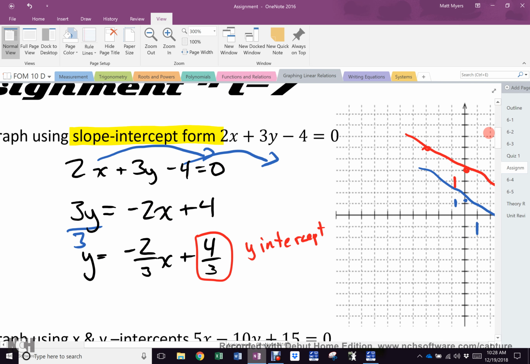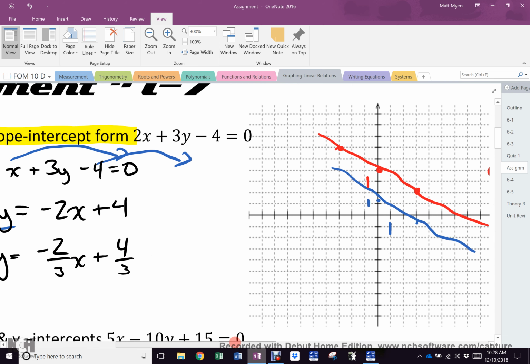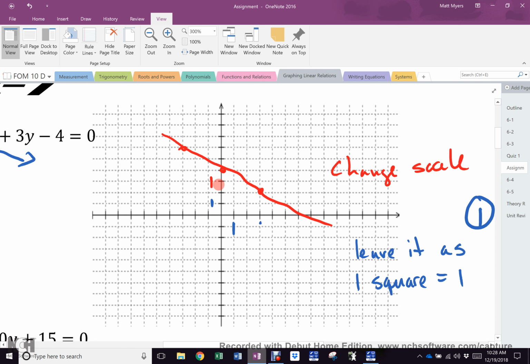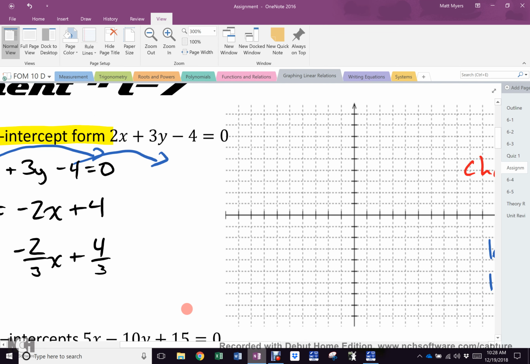Can you put it into slope-intercept form? Are you cool to get to here? Okay, so this is the y-intercept, yes? It's a fraction. So the equation is that, right? So I got to go to 4/3. It's a fraction, so that's a pain.